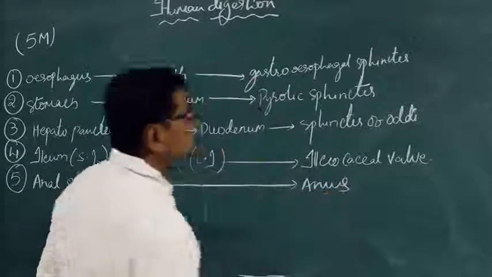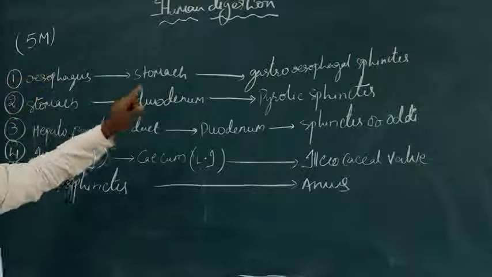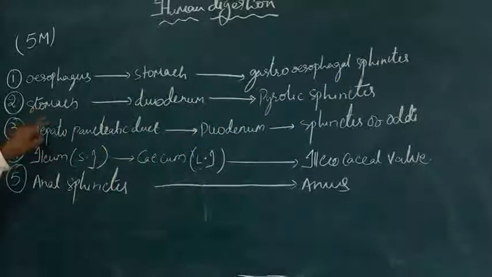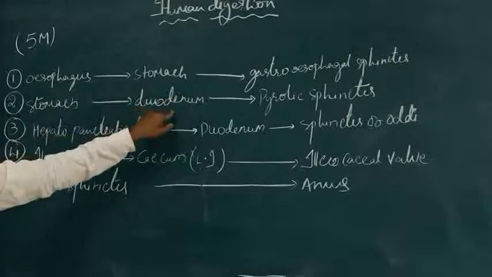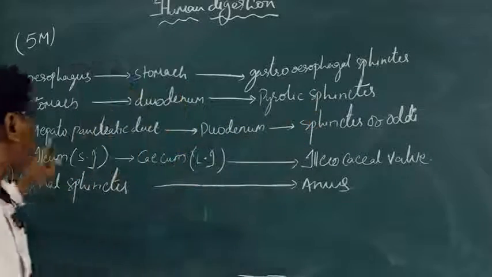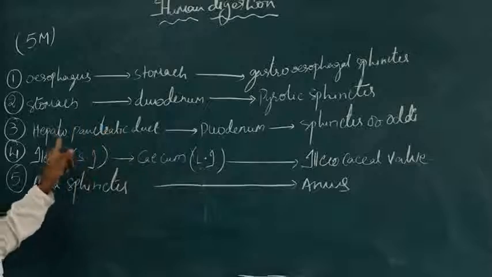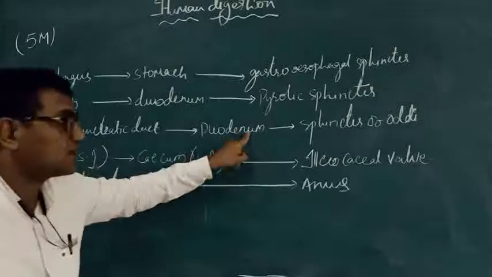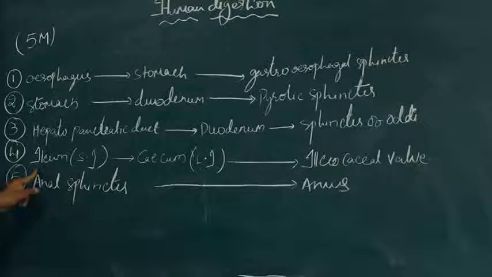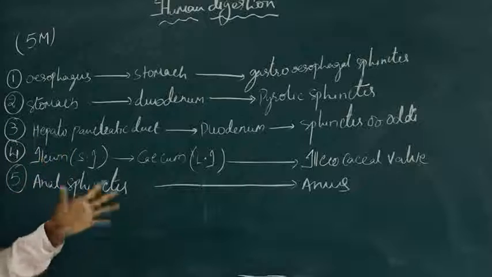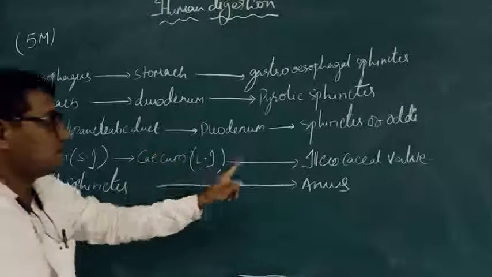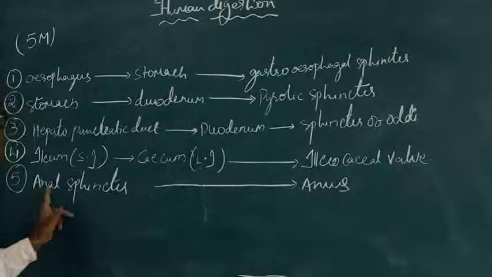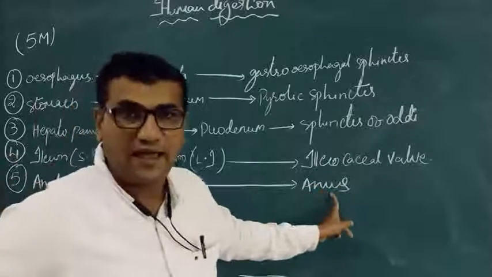The function of these sphincters is that the gastroesophageal sphincter makes the movement of food from the esophagus to the stomach, and the entry of food from the stomach to the duodenum is regulated by the pyloric sphincter. The sphincter of Oddi regulates the movement of the pancreatic juice and the bile juice from the hepatopancreatic duct into the duodenum, and the entry of undigested food after digestion and absorption from the ileum to the cecum is regulated by the ileocecal valve, and the movement of undigested food out of the body is controlled by the anal sphincter present in the anus.